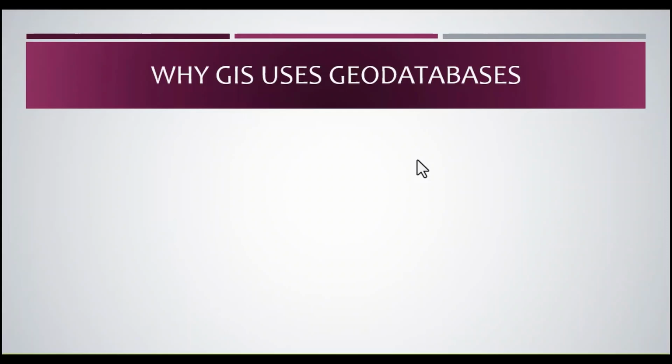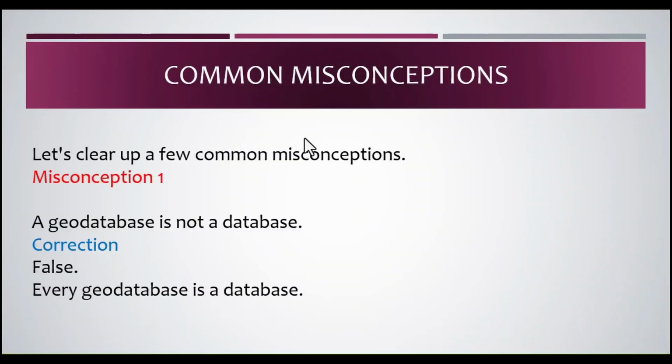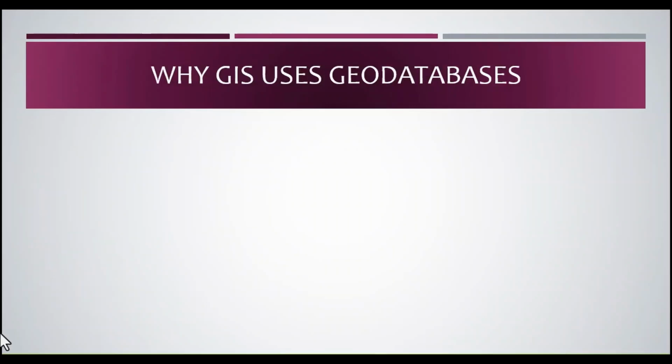Why then does GIS use a geodatabase? A traditional database answers questions like who, what, when. But a geodatabase answers those questions and, more importantly, answers them with things like where. A traditional database just answers who, what, when.